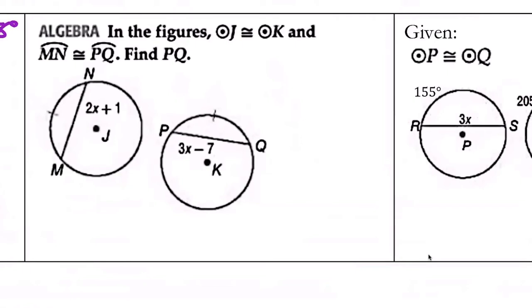Okay, so in the next problem, we have that circle J is congruent to circle K, and arc MN and arc PQ are congruent. That means that our chords here will also be congruent.